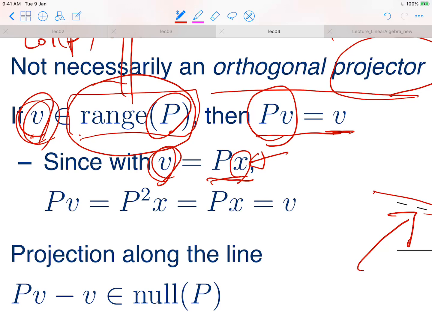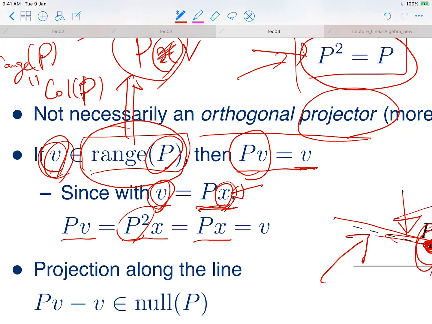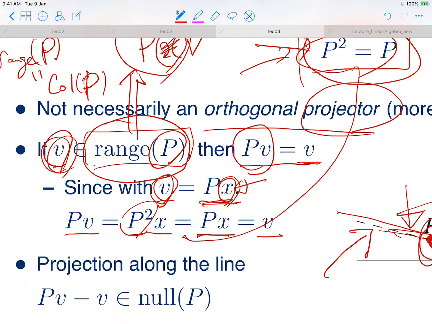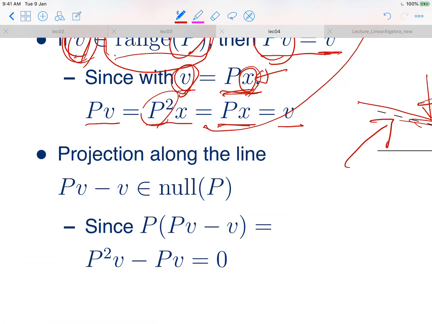Even though we didn't explicitly compute this x, we know that v is represented as Px, and then P times v will be equal to P squared times x. We don't know x exactly, but we just apply P squared equals P, and okay.